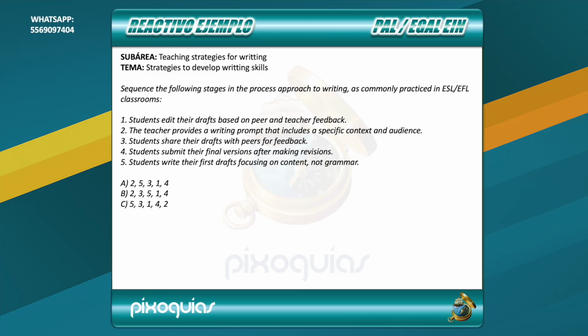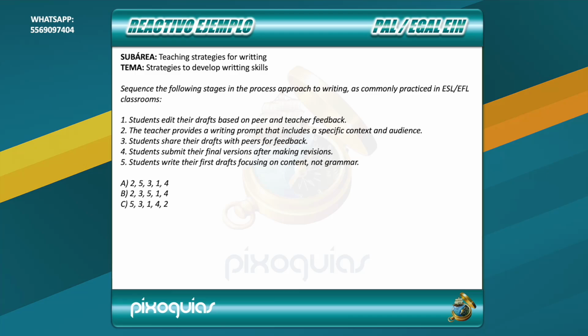The teacher provides a writing prompt that includes a specific context and audience. 3. Students share their drafts with peers for feedback. 4. Students submit their final versions after making revisions. And 5. Students write their first drafts focusing on content, not grammar.